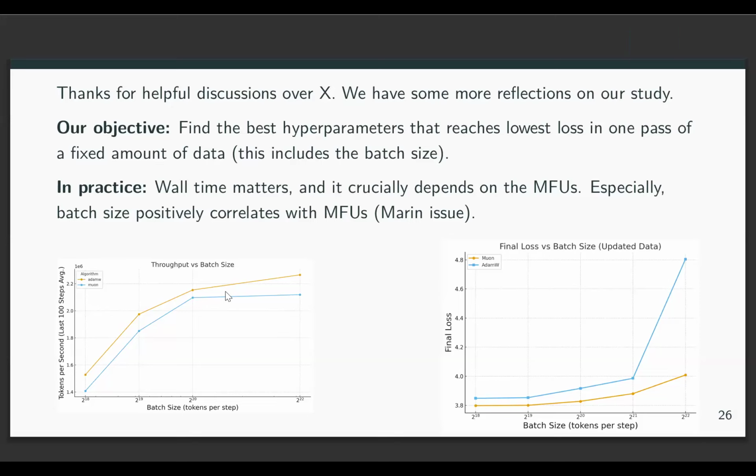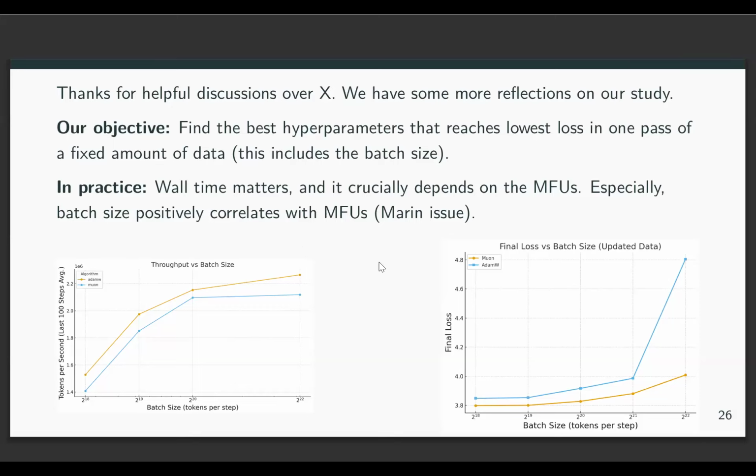Sorry, could you say that again? The cluster that I'm using here is not very large. So when the batch size becomes too large, compute is the dominating factor, and you can't get free MFU by just increasing your batch size. You just have to compute all the forward and backward passes, so at some point MFU stops increasing.